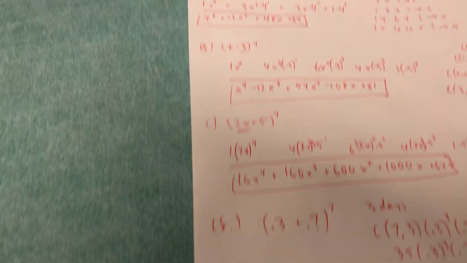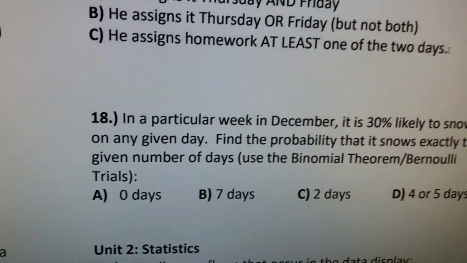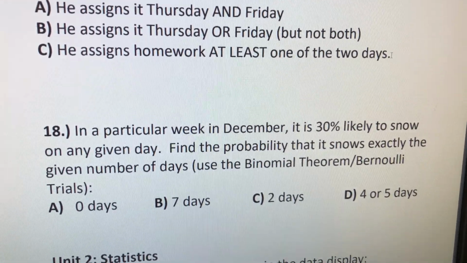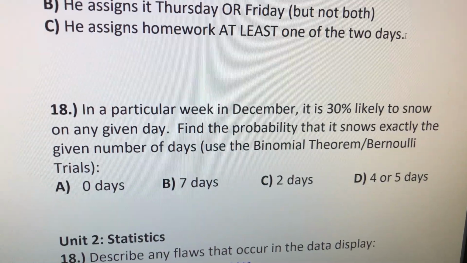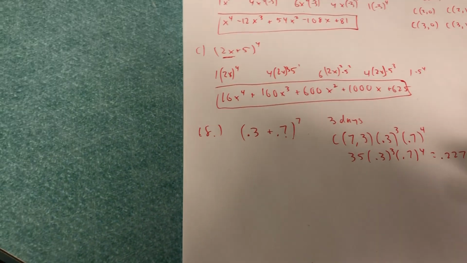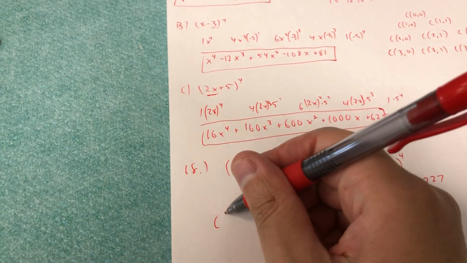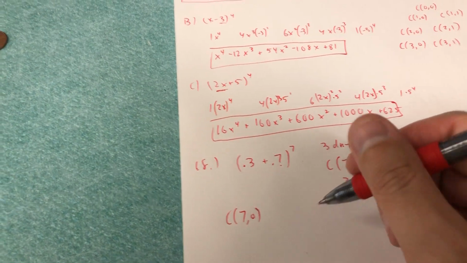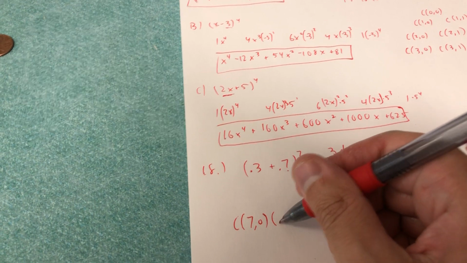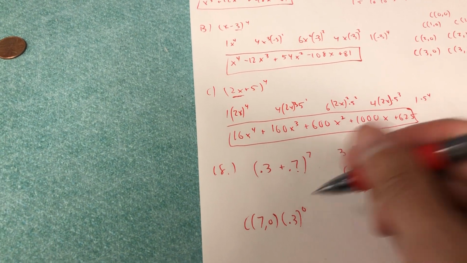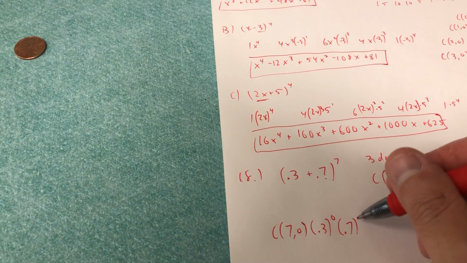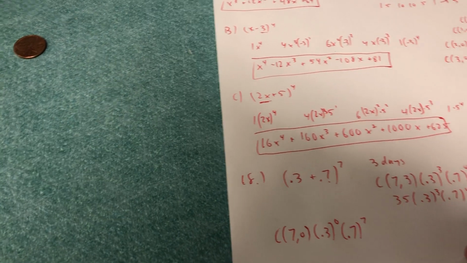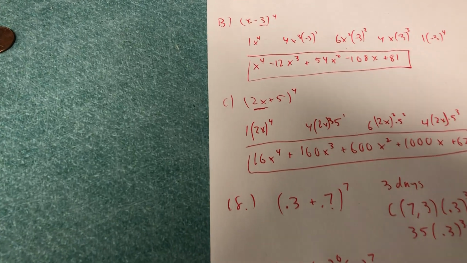So 0 days. Now really that could just be, you know, it doesn't snow the first day, and it doesn't snow the second day, and it doesn't snow the next day, and so on. I mean, you could really do that without using Bernoulli trials. But anyway, just to follow the pattern, that would be the combination of 7 choose 0, and you want it to snow 0 days, so 0.3 to the 0 power, and you want it to not snow, so there's a 70% chance of not snowing, and you want that to happen 7 days.